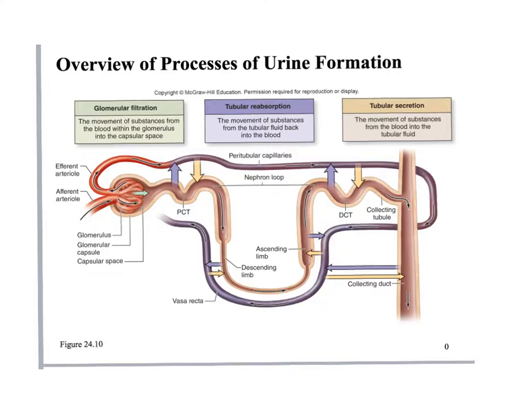And then tubular reabsorption and tubular secretion have to do with the tubes of the nephron and the capillary network that surrounds the nephron, the peritubular capillaries. And then the vasa recta, also part of that peritubular capillary network, or an extension of it, I should say, moves things in and out of the loop of Henle. So both tubular secretion and tubular reabsorption.